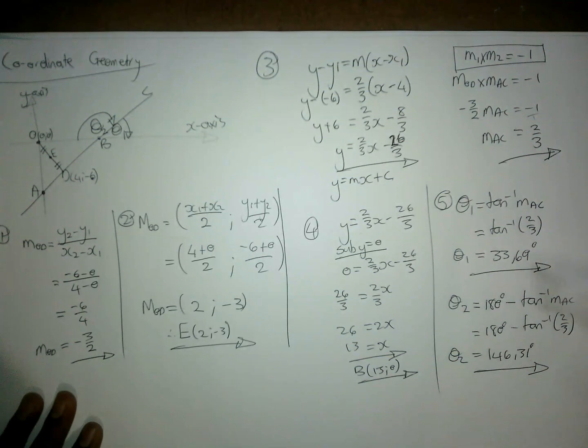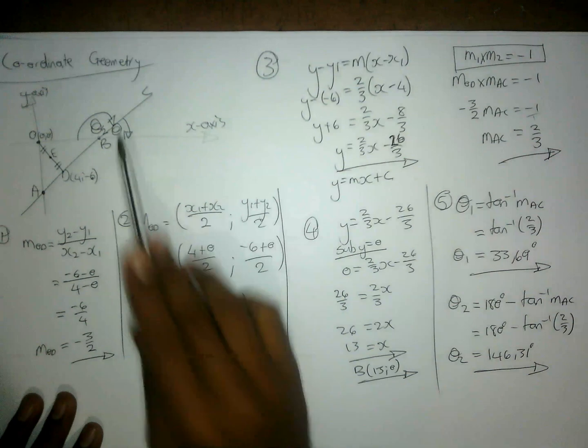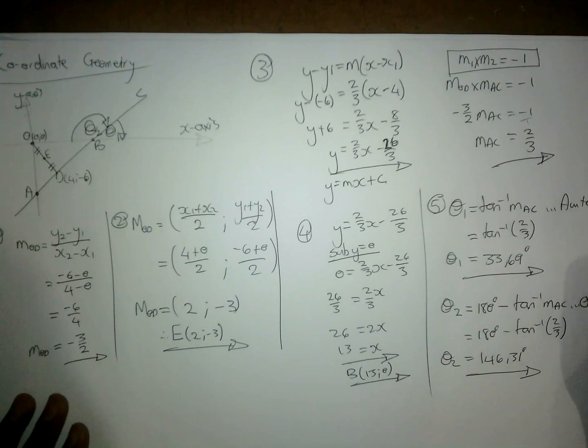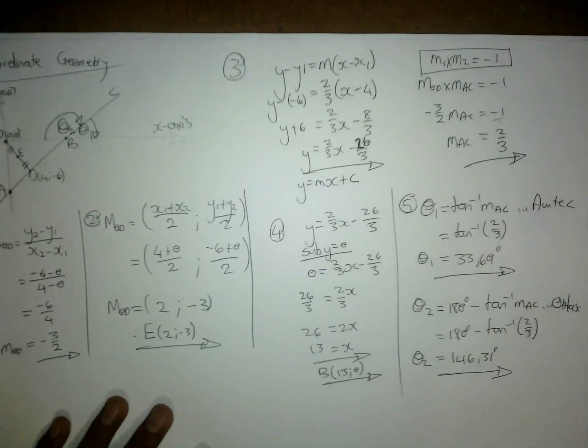And that is true here. It's proven over here. That's why we say this 180 minus tan for the obtuse angle. This is for the acute angle. This is for the obtuse.